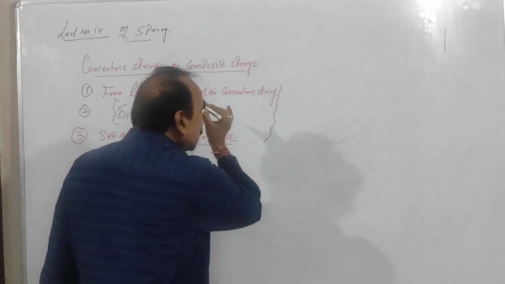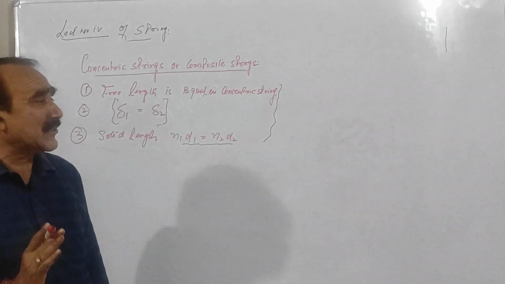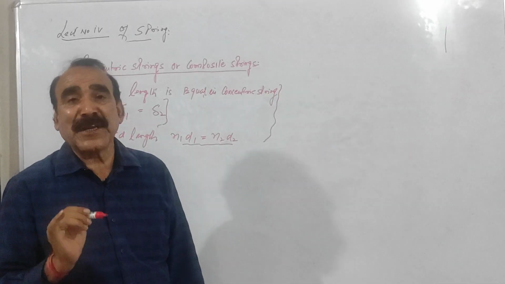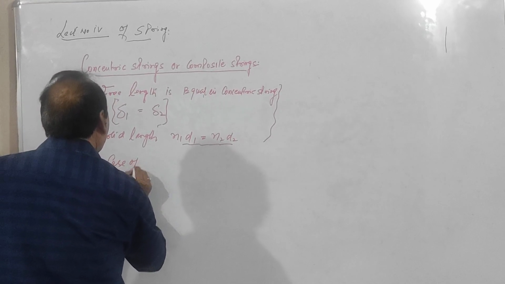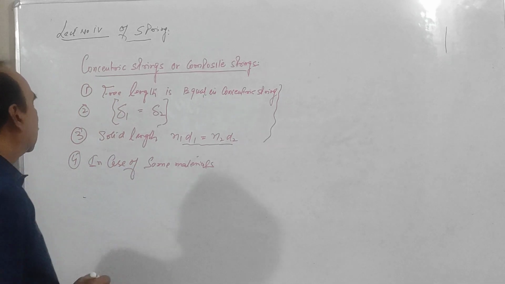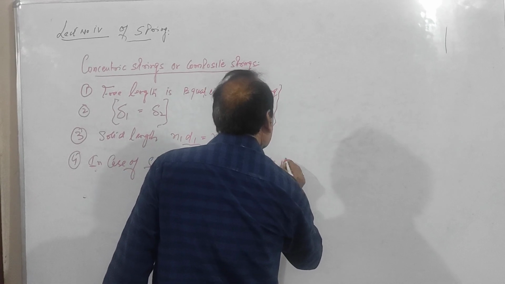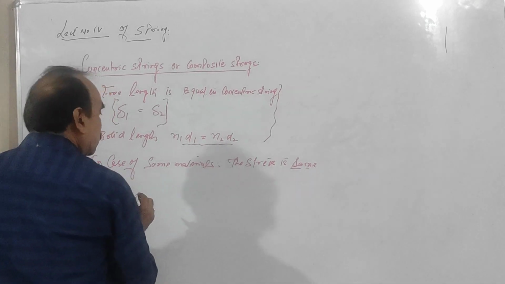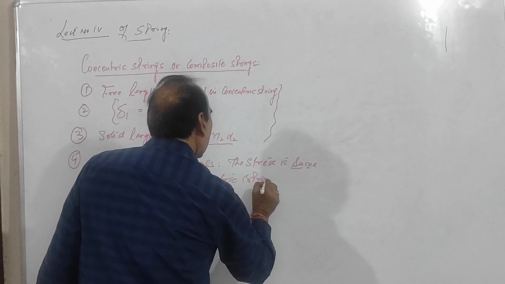and if we are using the same material, then the maximum stress on each concentric spring is equal, right? जो maximum stress होगी spring में if we are using the same material, so you can say that in case of same materials, the stress is the same for the concentric spring, right?